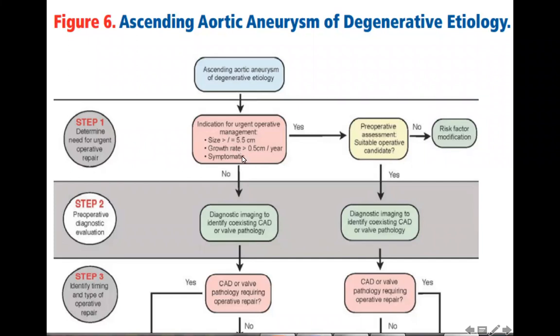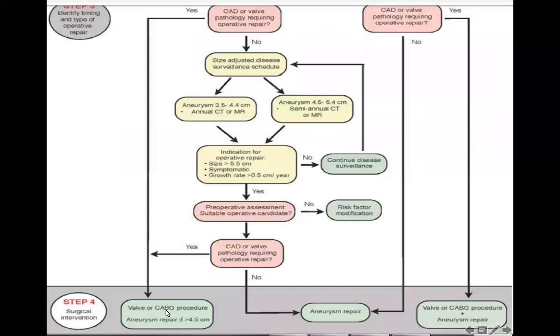If the patient does not have an indication for urgent operative repair, we'll do diagnostic imaging to evaluate for coronary or valvular disease. If yes, we will go for valve or CABG procedure plus aneurysmal repair if more than 4.5.